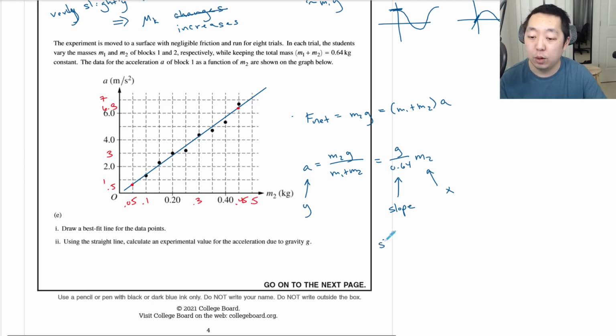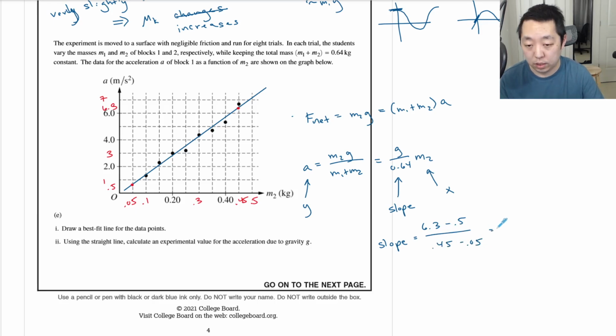Then we would say the slope is equal to 6.3 minus 0.5 divided by 0.45 minus 0.05, and that's equal to g over 0.64. So you can solve for g. You just take this value and multiply by 0.64. That gives 9.28 meters per second squared.